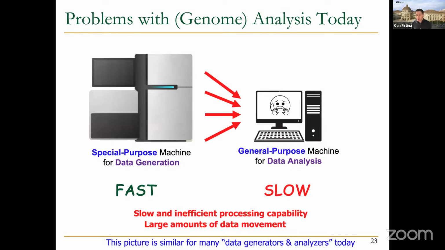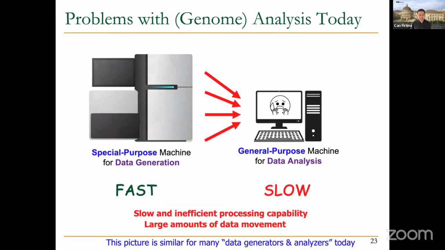But what we continue to see is that the problem with genome analysis today is, although we use these sequencing machines that are really fast for data generation, because this is what they are specialized at, right? So they are specialized at generating the data at a high throughput, not really at analyzing this data at high throughput.